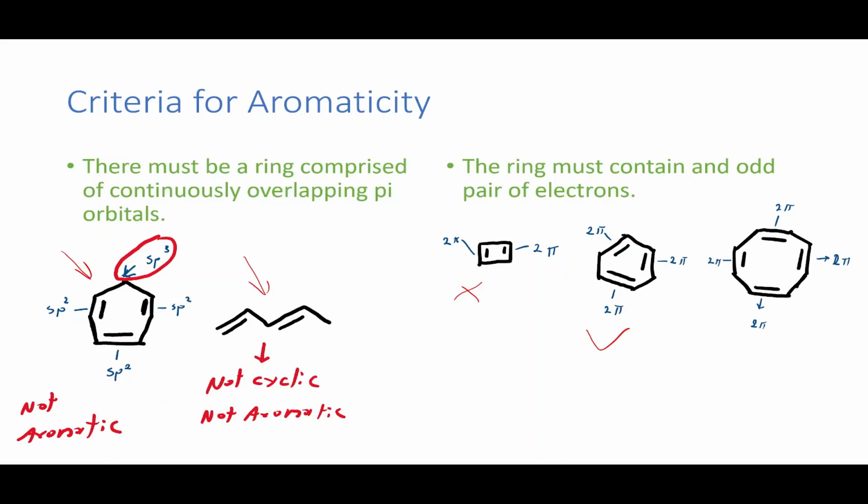And then the third compound is also not aromatic because it contains an even number of pairs of pi electrons. So only the compound in the middle is aromatic.